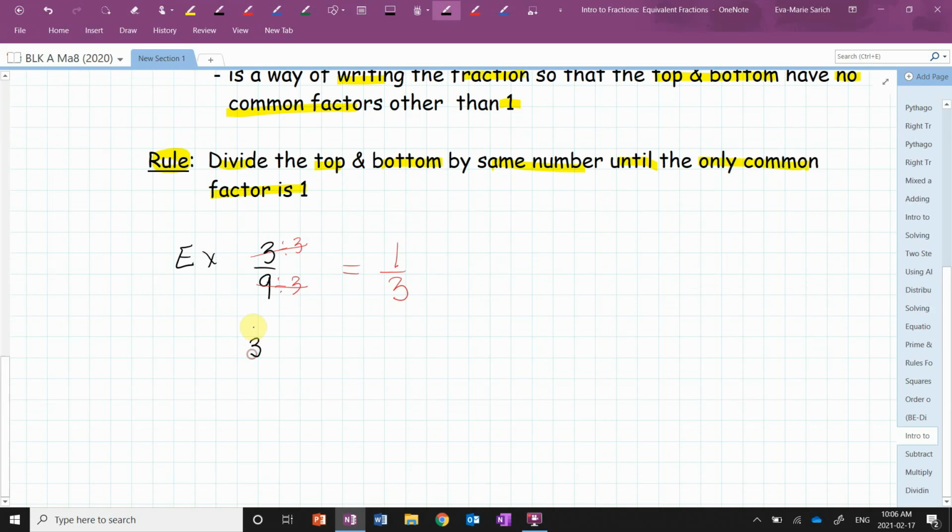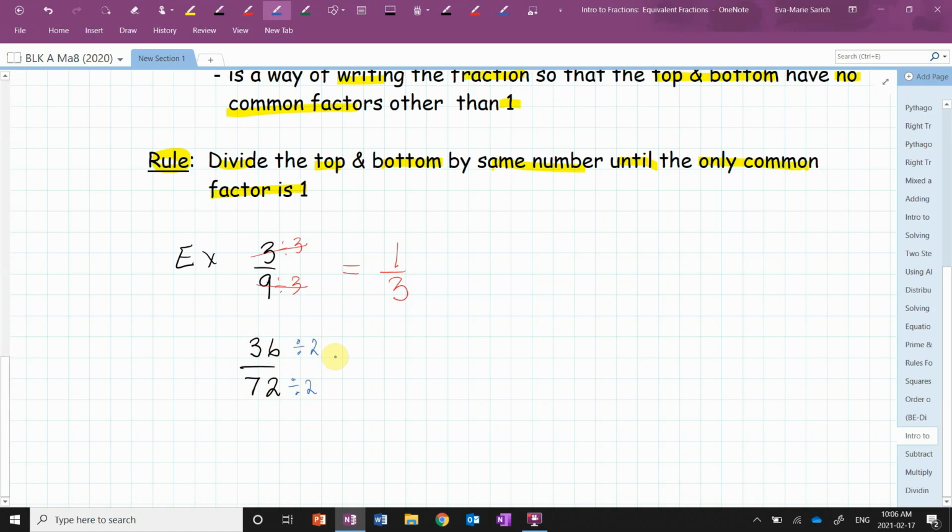Let's look at the example 36 over 72. Now, thinking about your divisibility rules, what could we divide 36 and 72 by? Well, I'm hoping that a lot of you decide that it's an even number on the top and the bottom, so that means it would divide by 2.